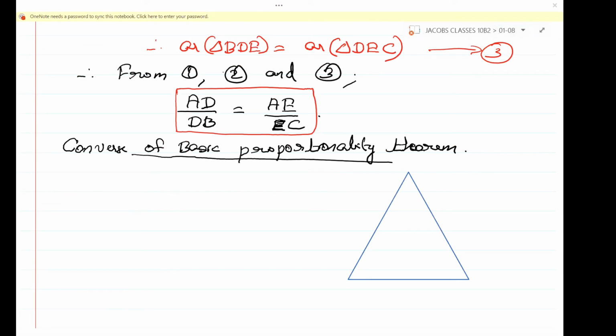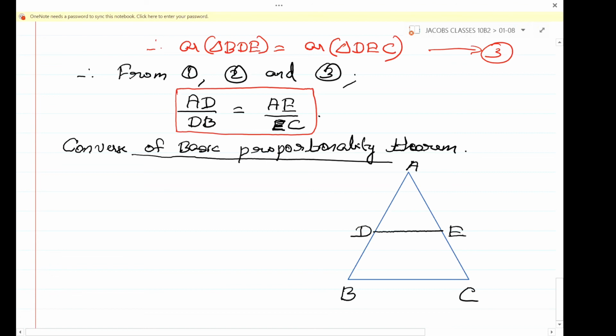So for the converse of the basic proportionality theorem, a triangle ABC, like this, and then we have DE, but it is not given parallel.